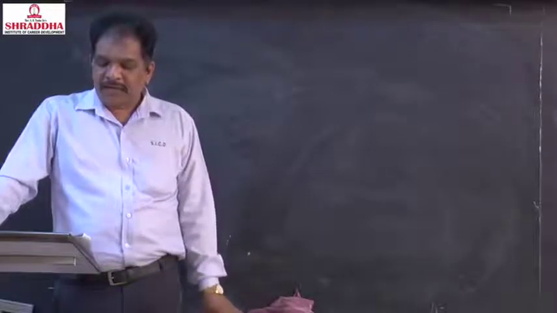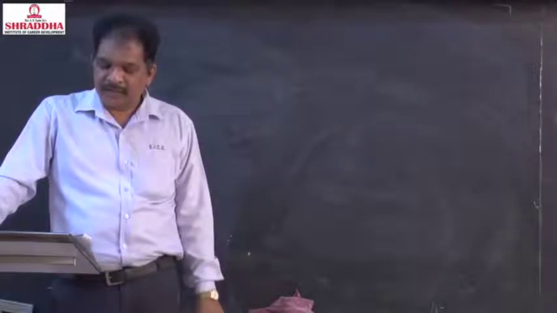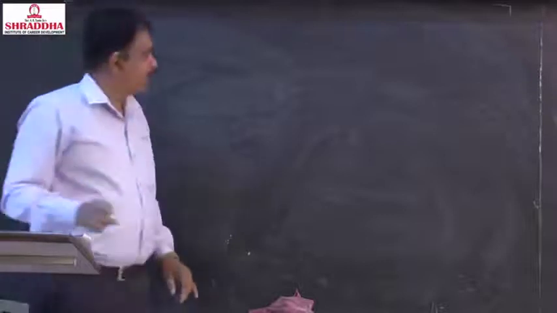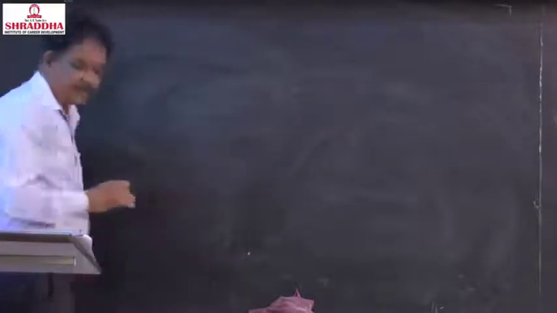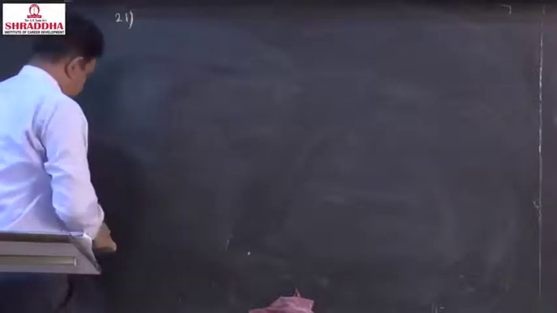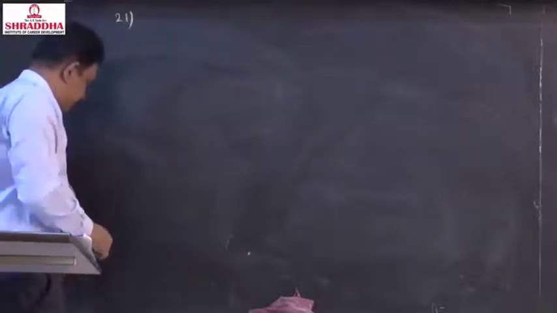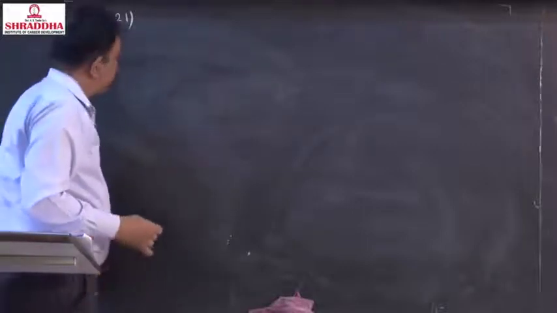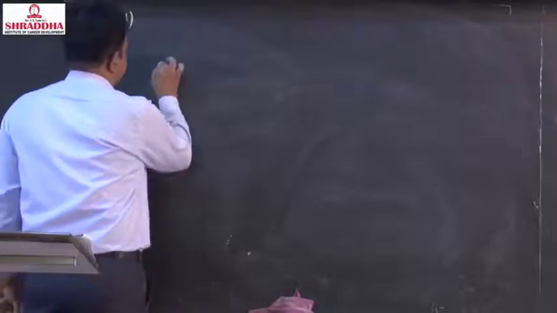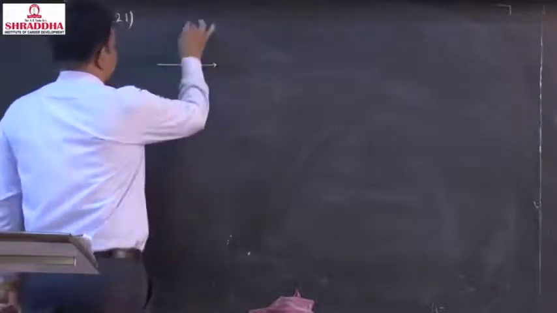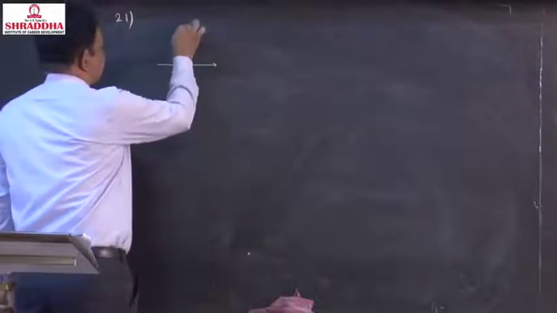The angle between the two vectors is how much? They are asking. Okay. Two vectors are there. This is one vector. This is another vector.